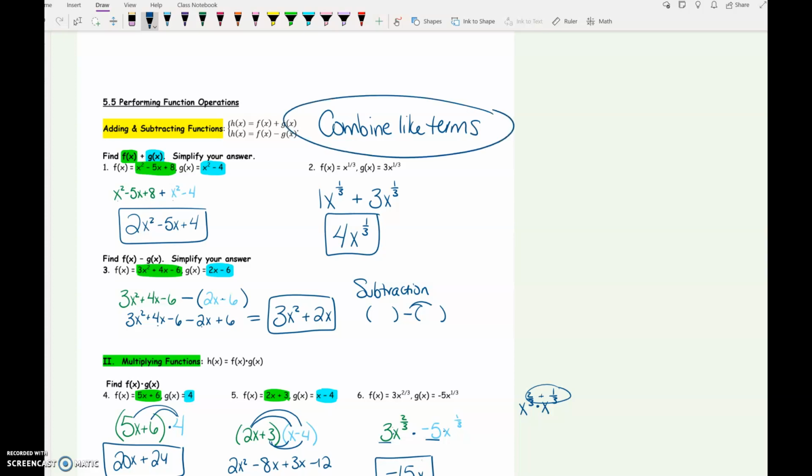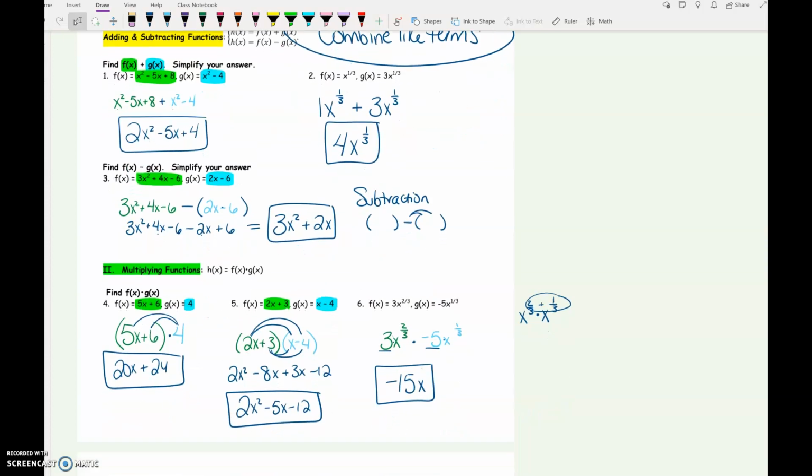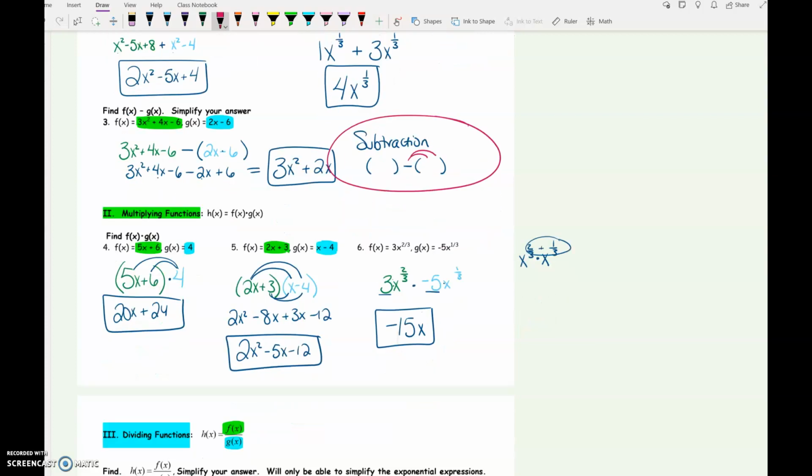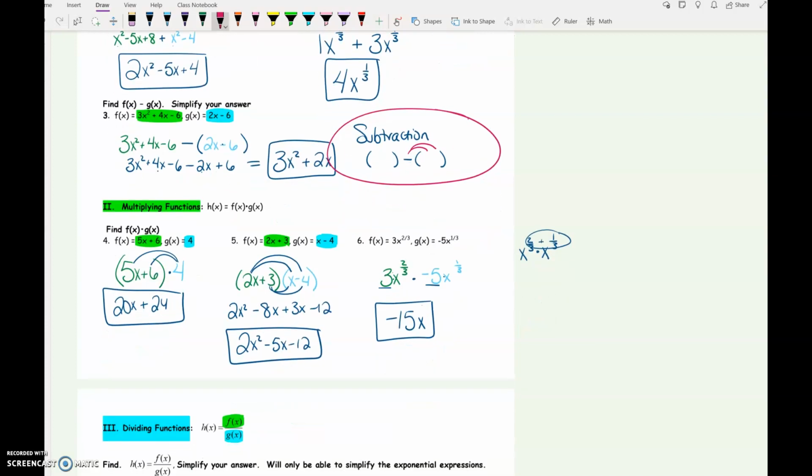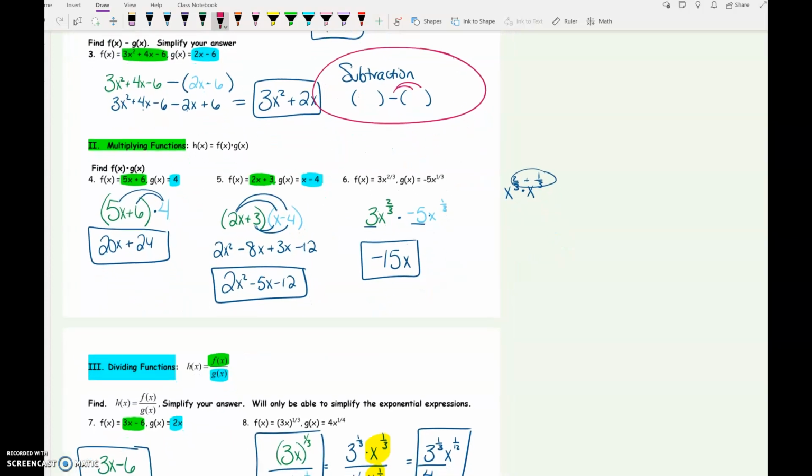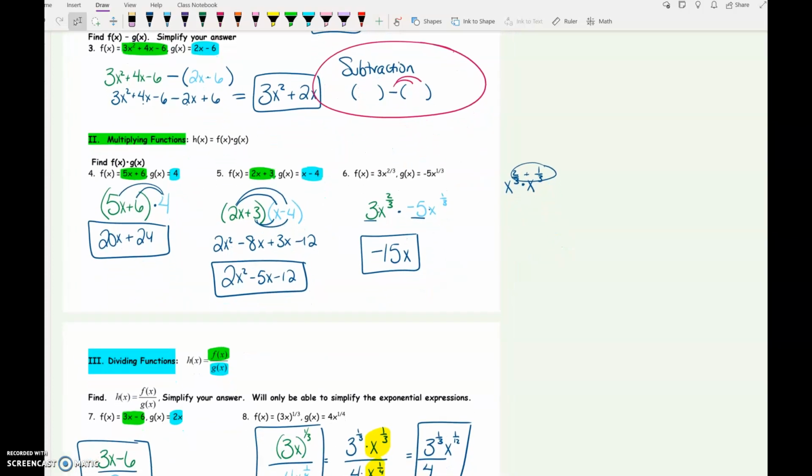When you are subtracting functions, you have to take the first function and then subtract all of that second function, which often means distributing the negative to that second function. When you're multiplying, you are distributing or double distributing to get everything from the first function multiplied to everything in the second function. And dividing, the first function divided by the second function, and that's basically it.